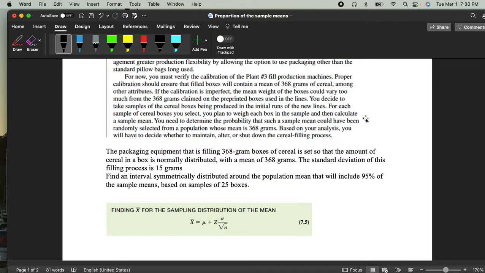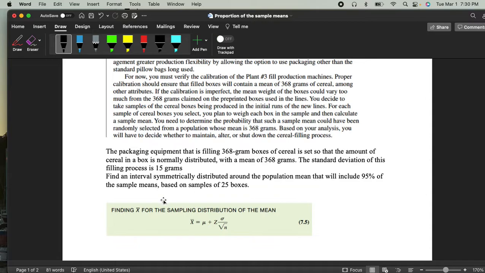Okay, so that was a lot, but basically what we're trying to say here is you want to find out with 95% accuracy if those boxes have a mean of 368 grams. So here it is. The packaging equipment that is filling 368-gram boxes of cereal is set so that the amount of cereal in a box is normally distributed, with a mean of 368 grams.